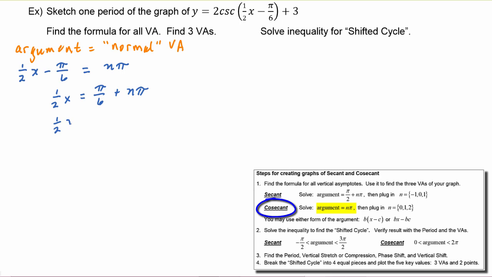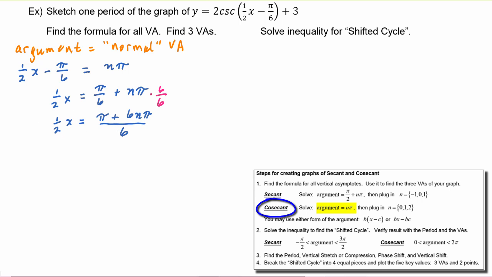So now we have 1/2 x is pi plus. Now to get the common denominator, we're going to need to multiply n pi times 6 over 6. So we'll get pi plus 6n pi over 6.